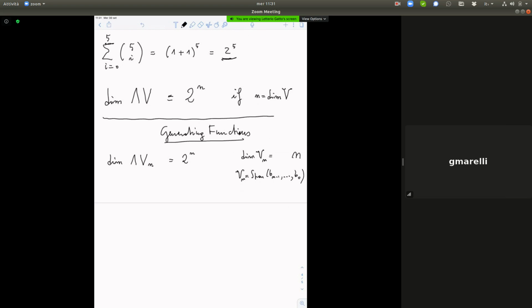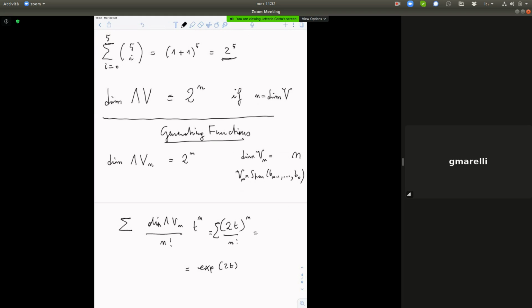So we can consider the sum of the dimension of wedge Vn over n factorial times t to the n, and this is 2 to the n t to the n over n factorial, which is the definition of the exponential of 2t.